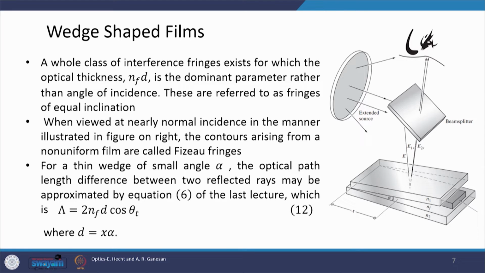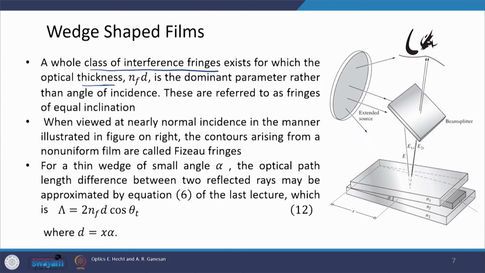Now, apart from these fringes of equal inclination, there is another class of fringes. And what is this new class of fringes? This whole new class of interference fringes exists where the dominant term is the thickness. Let me reframe it.